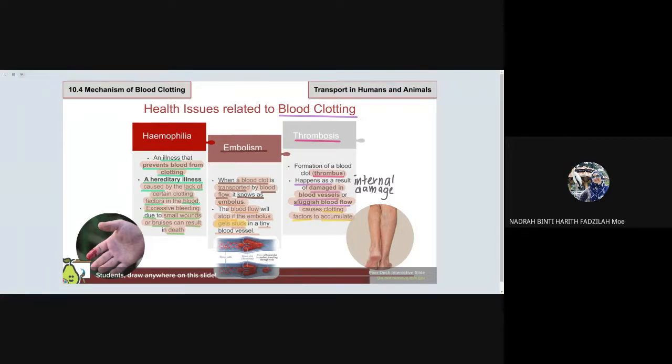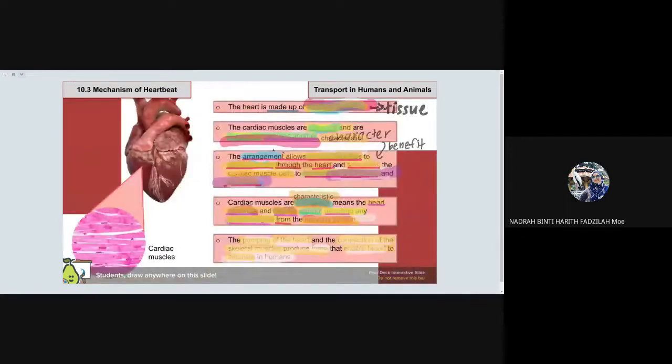So I would like to summarize what we have learned here. Okay, first we have learned about several characteristics of the heart which is related to heartbeat. Karakteristik dia seperti dibuat daripada cardiac muscle dan bersifat myogenik.